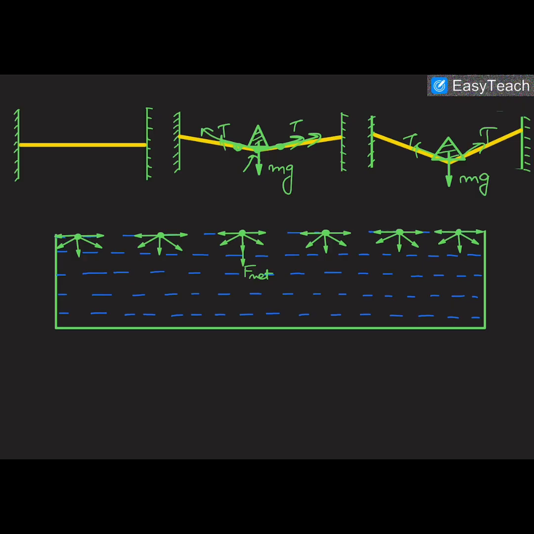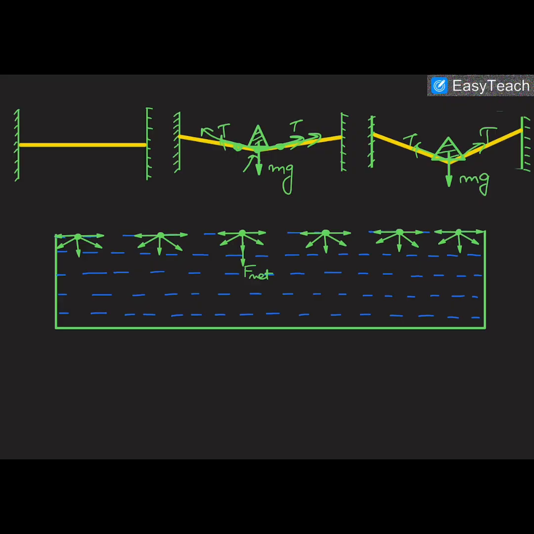So obviously this same thing is happening in the liquid, that each molecule has a net force acting in the downward direction, but it is not going in the downward direction because when it goes to a smaller angle in the downward direction, then the components of the surface cohesive force, the component of the surface tension, balances this net force in the downward direction, and hence the molecule is prevented from going down.